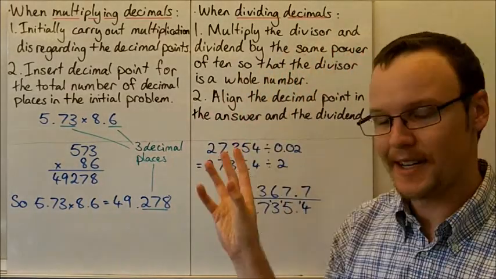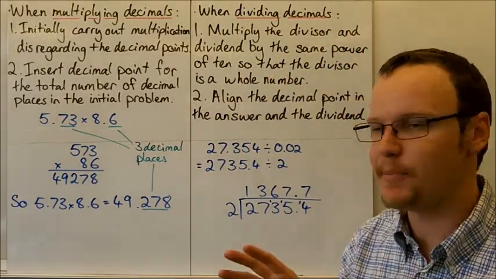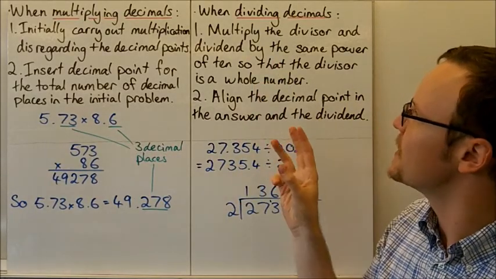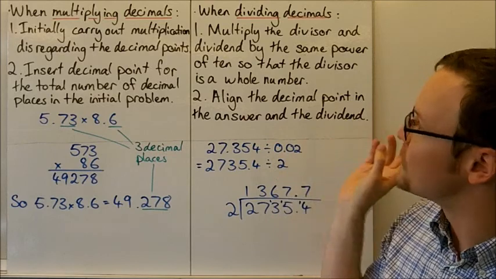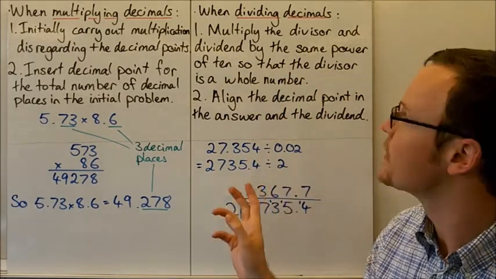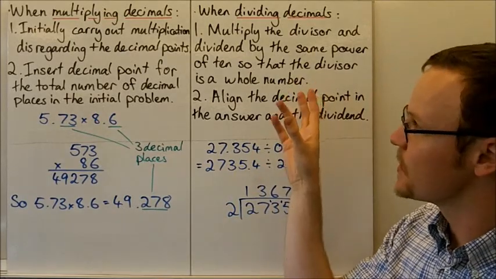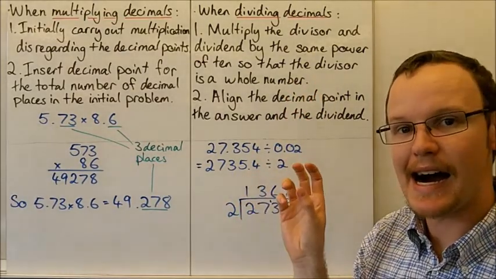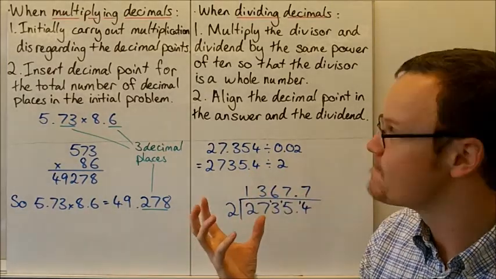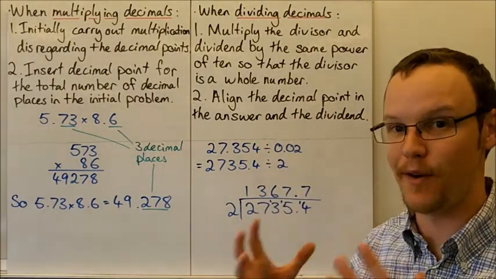When we're looking at dividing decimals that aren't powers of 10 now, we firstly need to multiply the divisor and the dividend by the same power of 10 so that the divisor is a whole number. So the divisor is the number that we're dividing by, and the dividend is the number that we're dividing up.